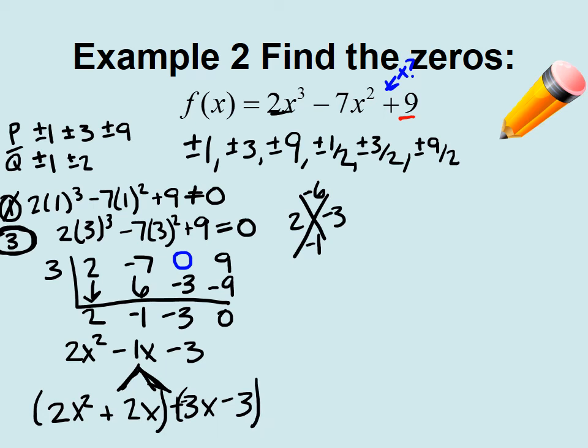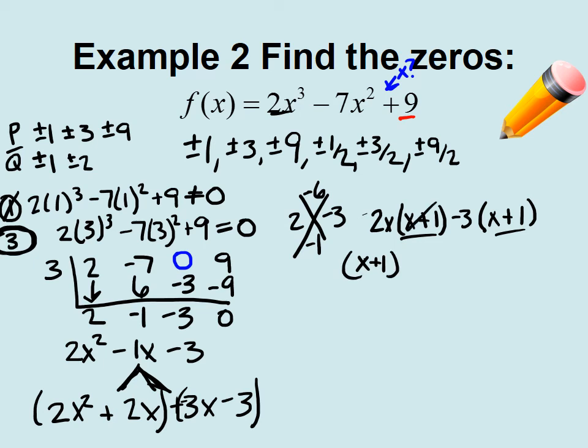If I take out my GCF, I end up with a 2x, which leaves me with x plus 1. I'm going to take out a -3, which leaves me with x plus 1. I've got the same thing twice, so that's how I know my grouping process is going well. My GCF is now x plus 1.